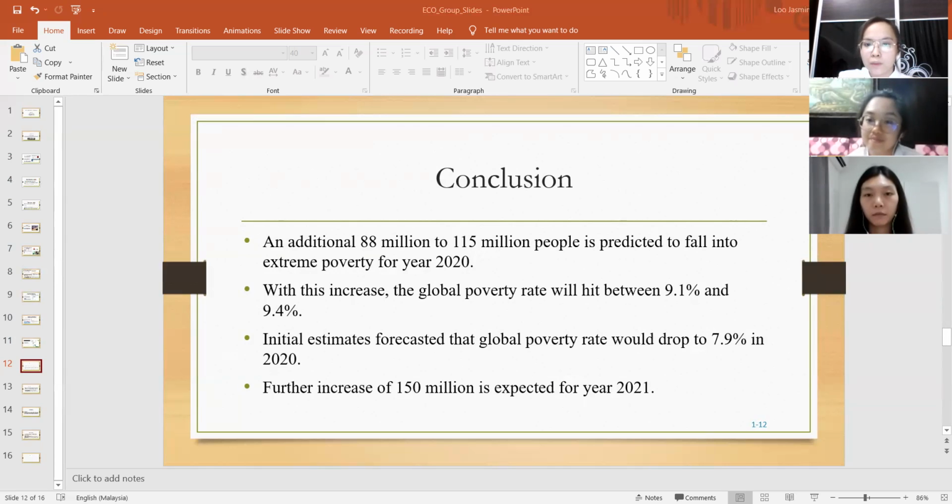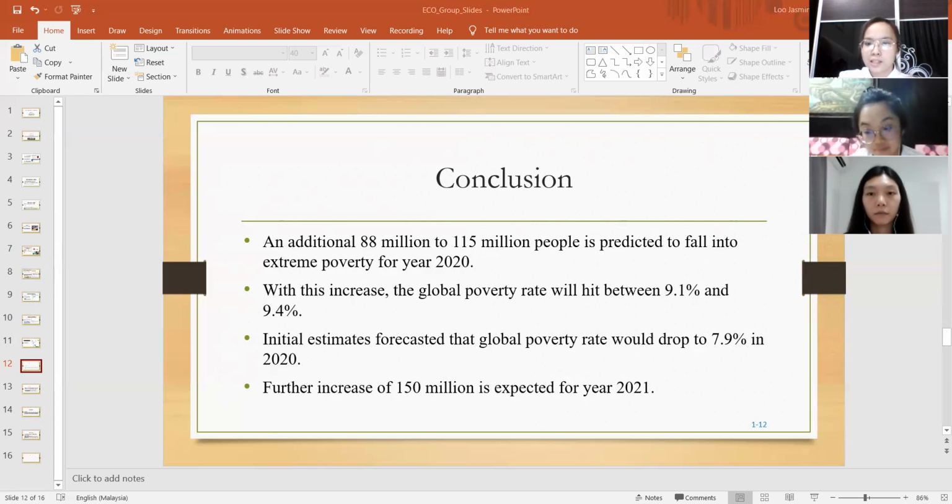According to the Poverty and Shared Prosperity Report, this would represent a regression to the rate of 9.2% in 2017. Had the pandemic not consumed the globe, the poverty rate was expected to drop to 7.9% in 2020.